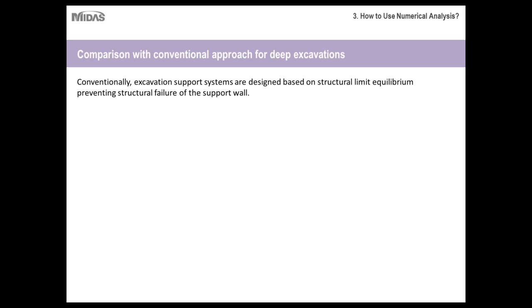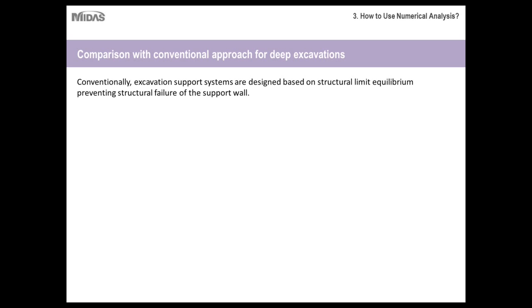Now let's compare our conventional approach for use in deep excavation. Conventionally, the excavation support systems are designed based on structural limit equilibrium, which prevents the structural failure of the support wall.